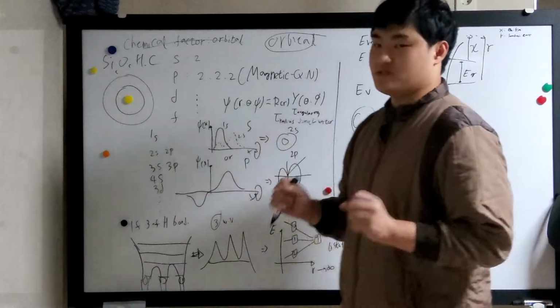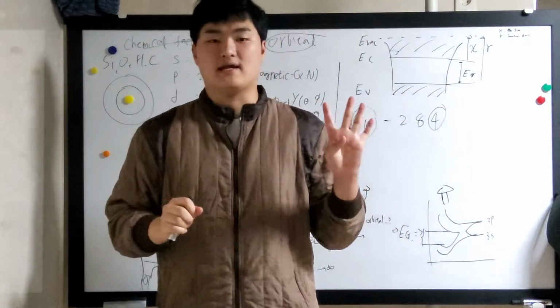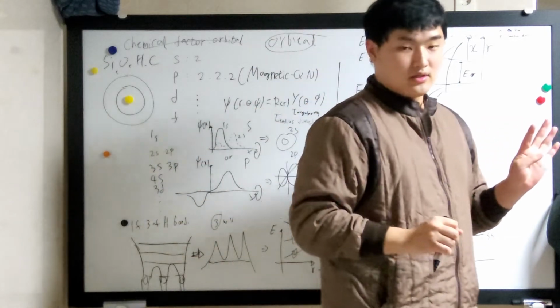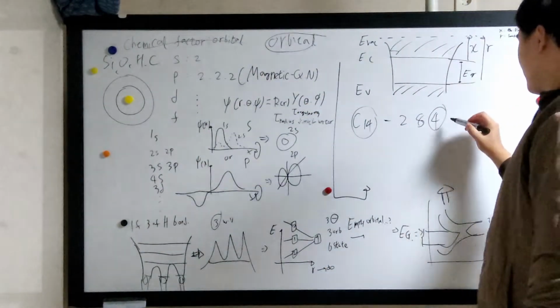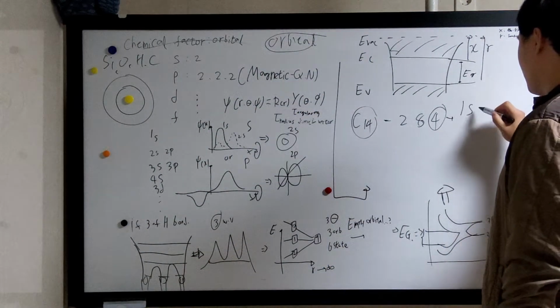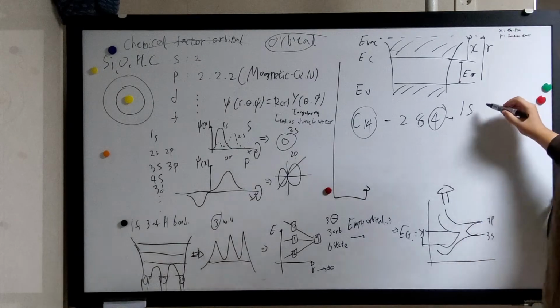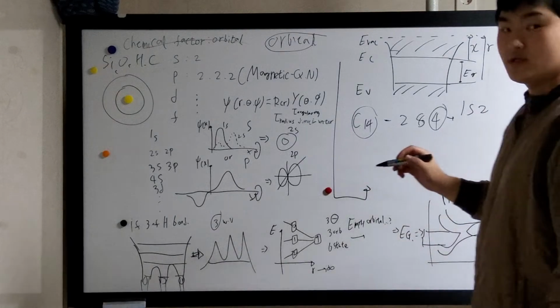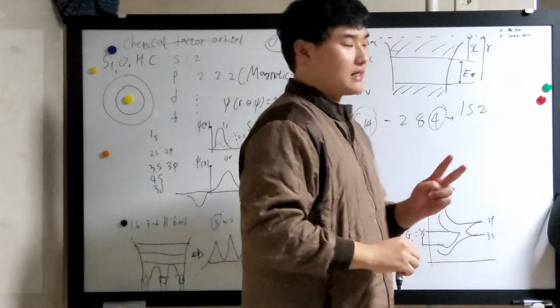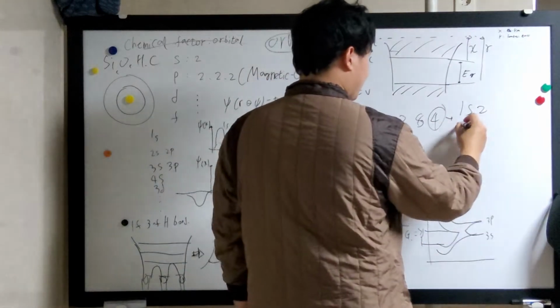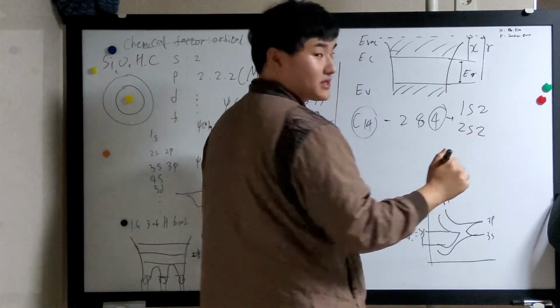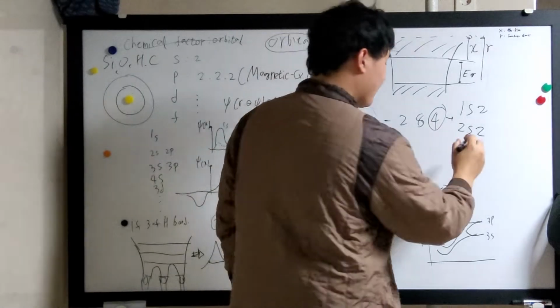The last exterior orbit has 4 electrons. So the first s orbital has 2 electrons, and the second s orbital also has 2 electrons.